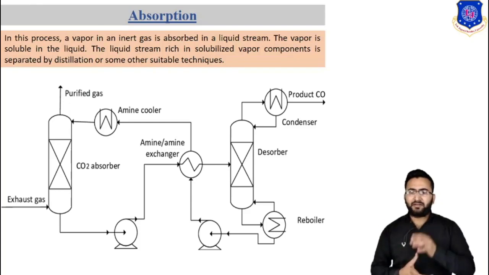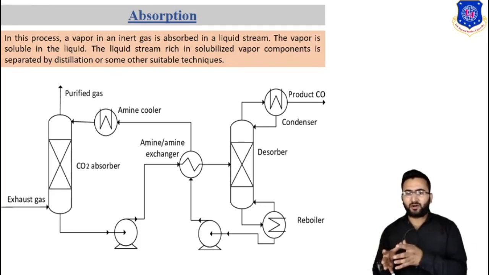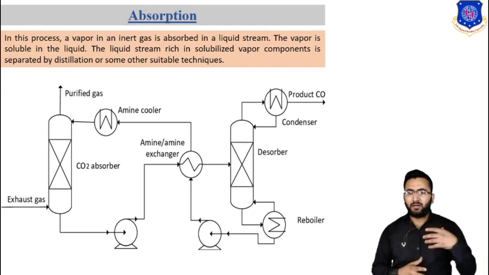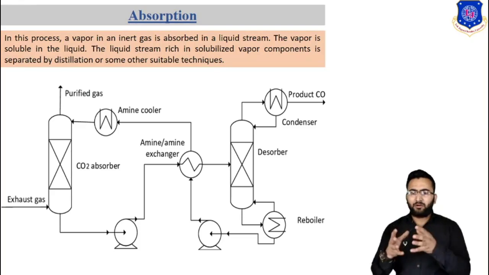An example is removal of ammonia from an ammonia water mixture using water as a solvent. Removal of carbon dioxide from a mixture of air and carbon dioxide using solvents like primary, secondary or tertiary amines is another example. Typically, this operation is carried out in countercurrent manner.